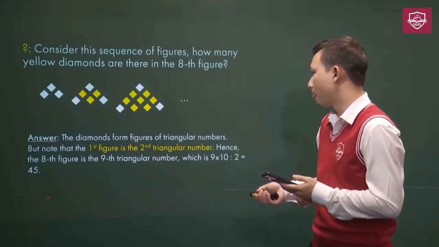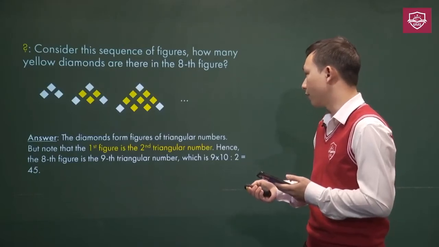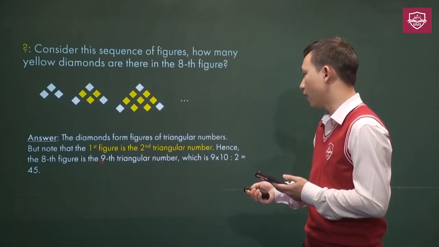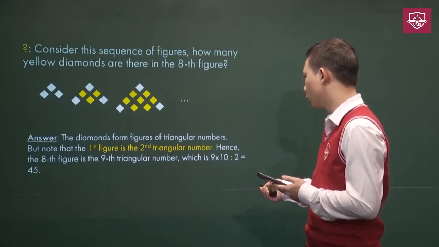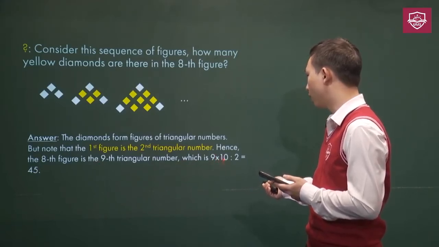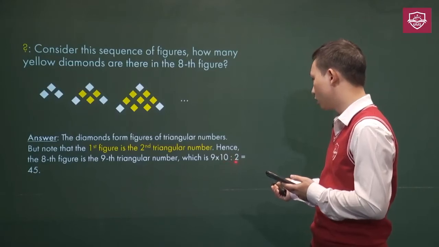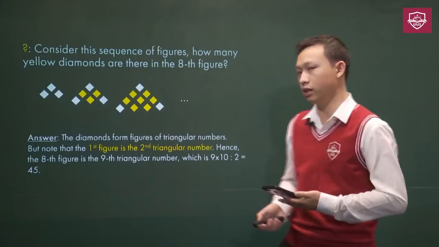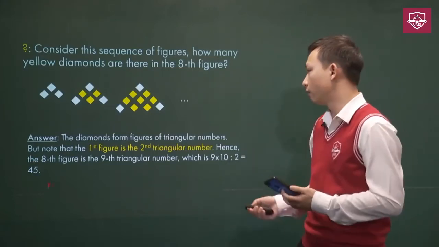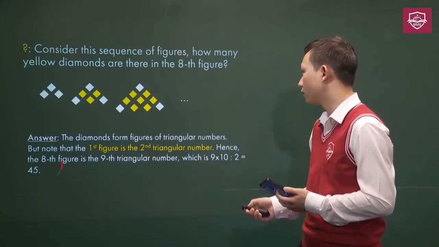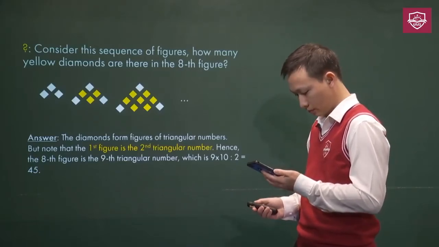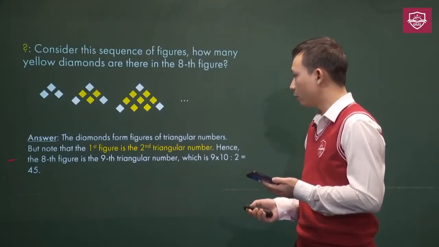So in the 8th figure, there are actually the 9th triangular number of dots, which is 9 multiplied by 10 divided by 2 equals 45. It means that in the 8th figure, we will have 45 diamonds.